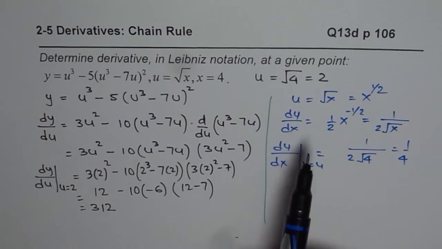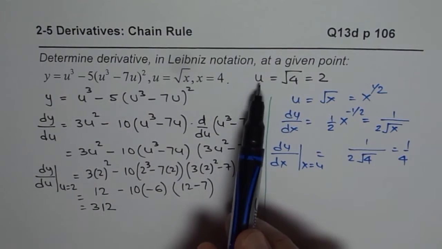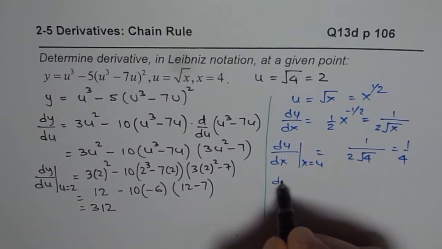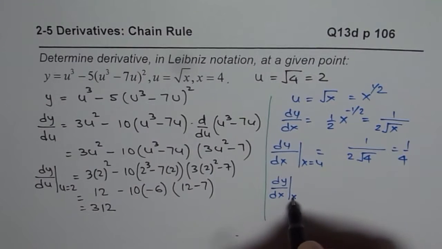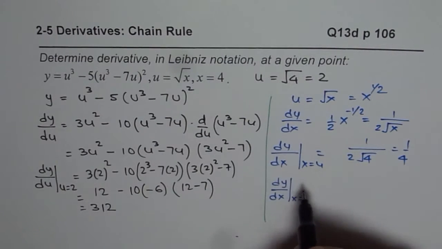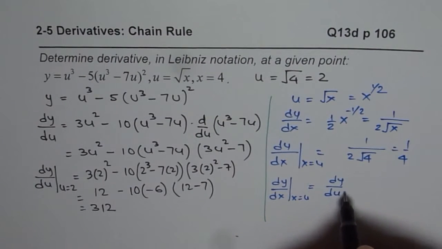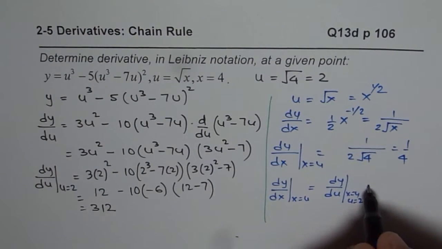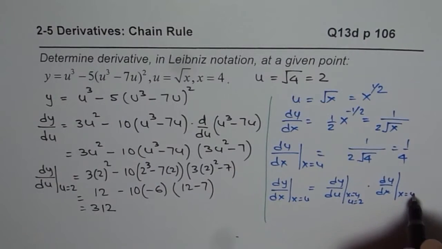Now we can apply the chain rule to find the derivative of this function with respect to x. So we have dy/dx at x equals 4 equals dy/du at x equals 4 and u equals 2, times du/dx at x equals 4, right?